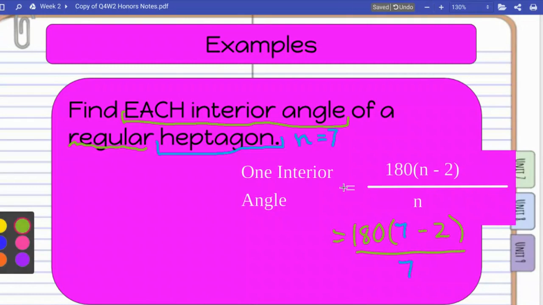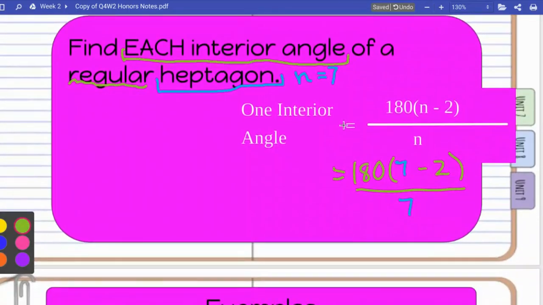So I can either type this in a calculator, or I can work it out systematically. I get 180, 7 minus 2 is 5, and this is still divided by 7. 180 times 5 is 900. 900 divided by 7.